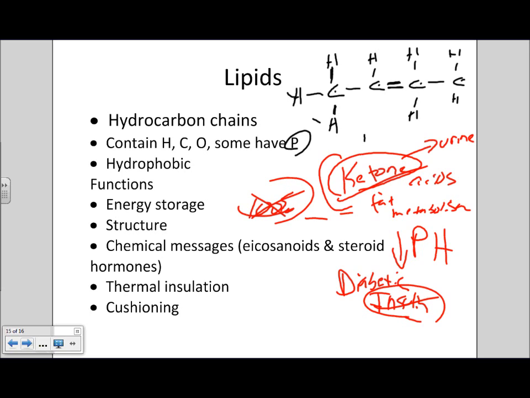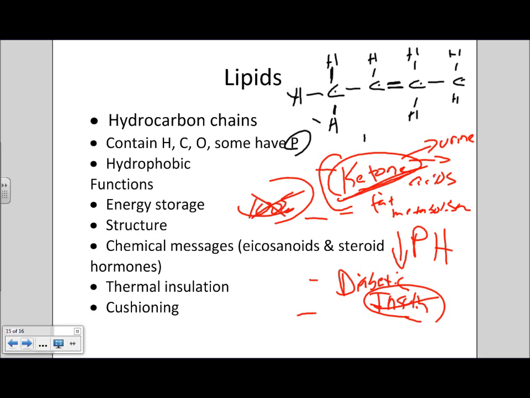You're going to rely on pure fat for your energy source, and you're going to flood your system with ketones, and that's why the condition they develop is called diabetic ketoacidosis. Diabetic meaning they're diabetic, ketone meaning they flood their system with ketone bodies, and acidosis because it's a metabolic acidosis.